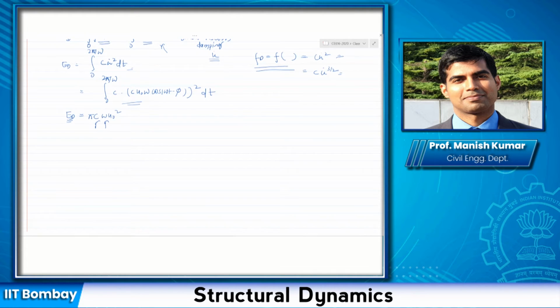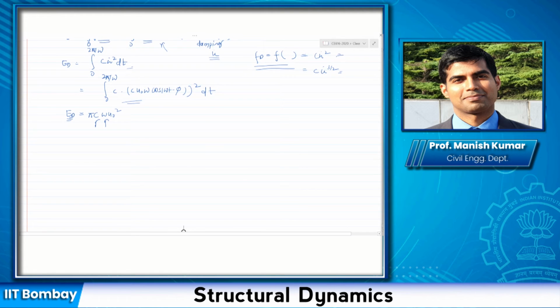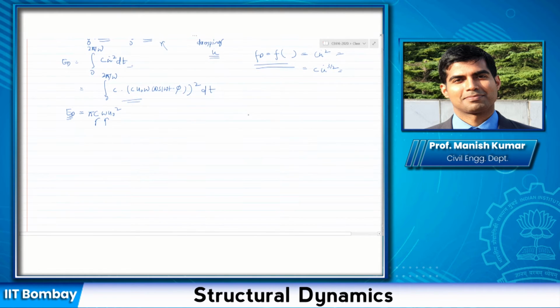This can also be written further, remember, as zeta is equal to C by C critical, which was 2k by omega n. In this case, remember that at steady state, omega is equal to omega n.